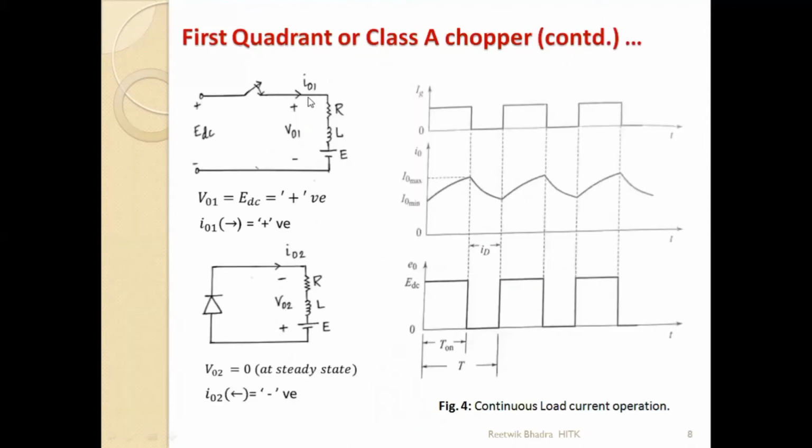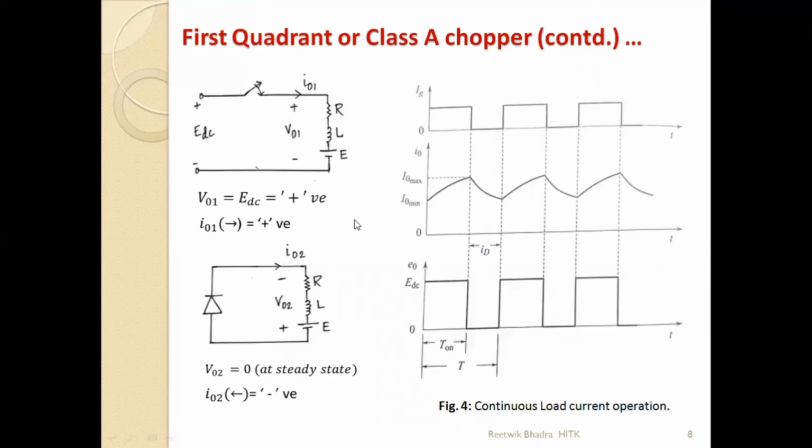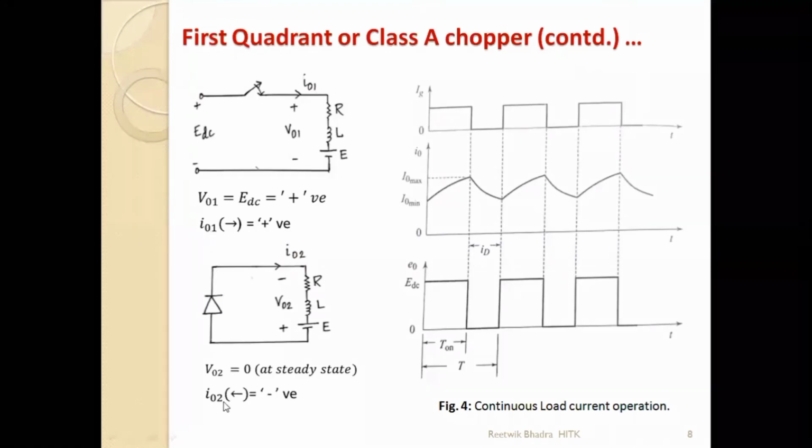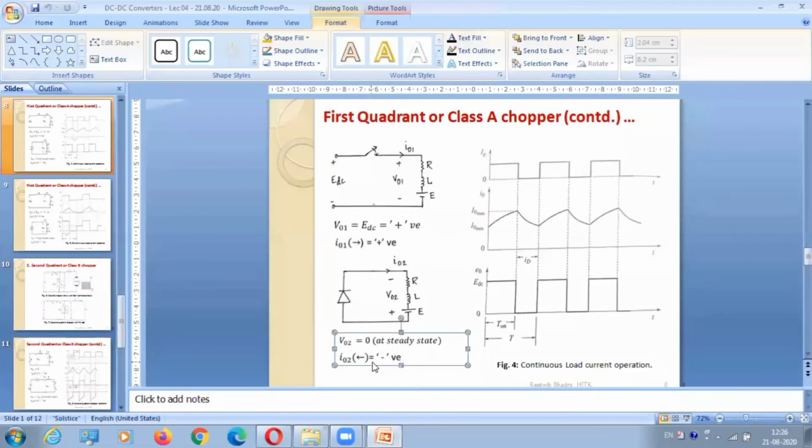Now I0 is flowing in this direction, and I02 is also flowing in the same direction as this I0. So in both cases, I01 and I02, sorry, I have given the wrong direction. I01 and I02 will be positive. I'll change it and send you the PPT.